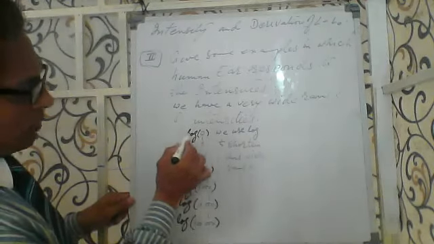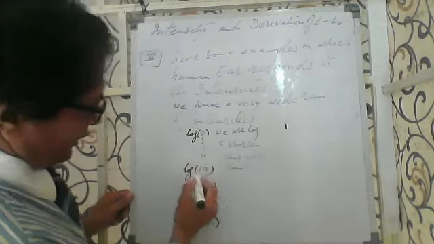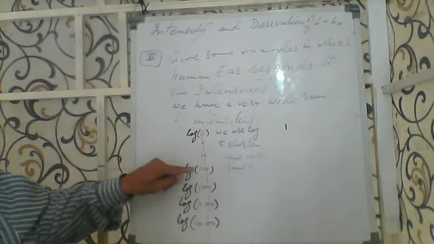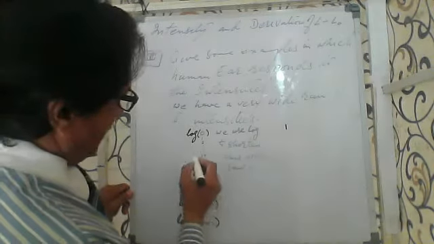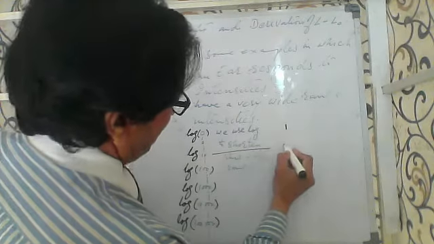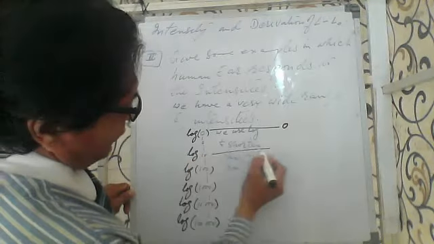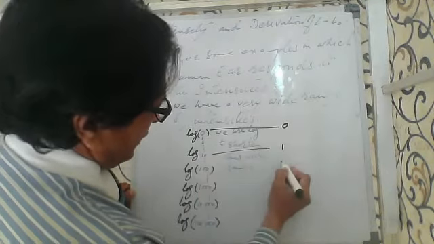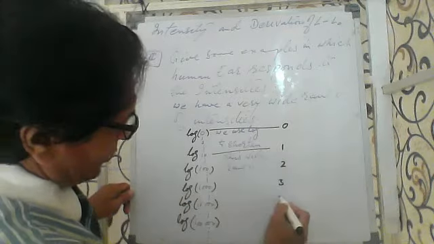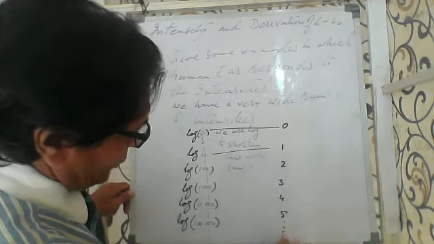You may calculate it on a calculator. Log of 0 is 0, log of 10 is 1, log of 100 is 2, log of 1000 is 3, log of 10,000 is 4, log of 100,000 is 5, and so on.